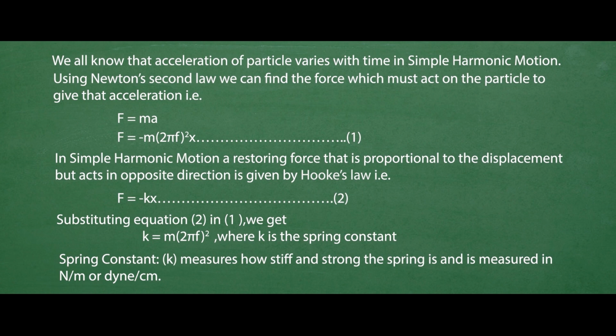So in case of heavy duty vehicles like trucks, we use a higher spring constant value, and in case of objects like pens and toy cars, we use a spring with lower spring constant. So I hope the concept is clear. Once again, let's read the definition. What is meant by spring constant?